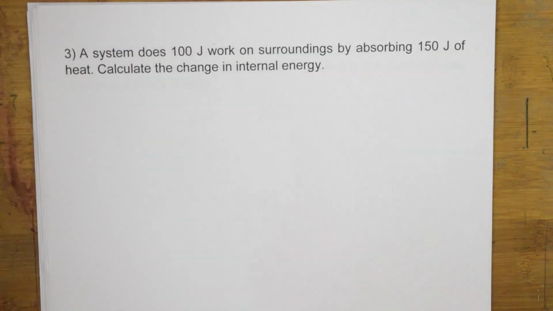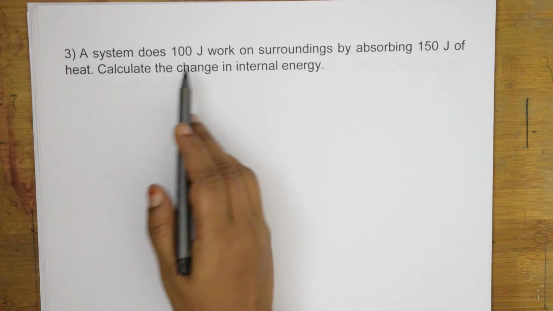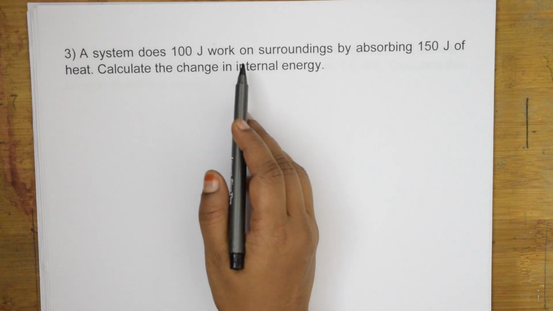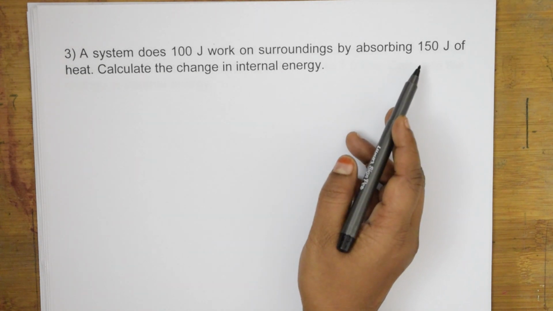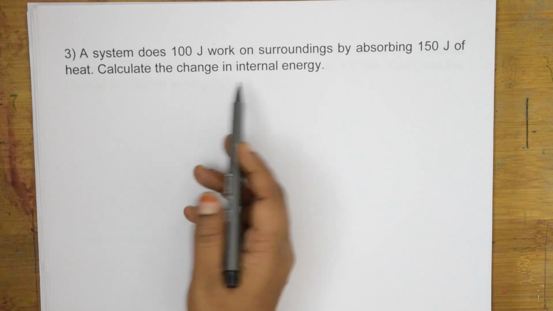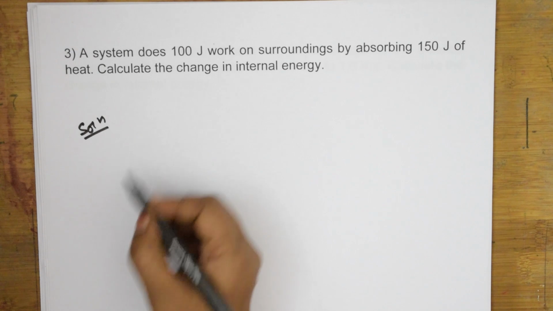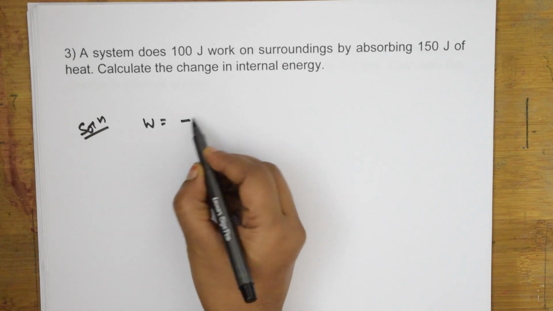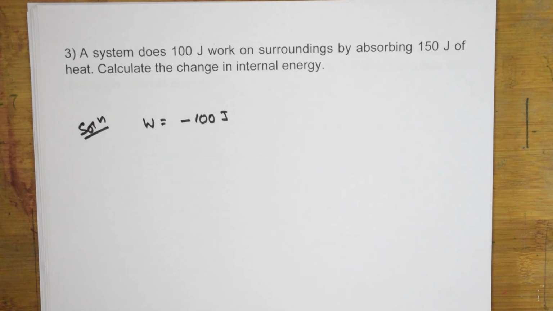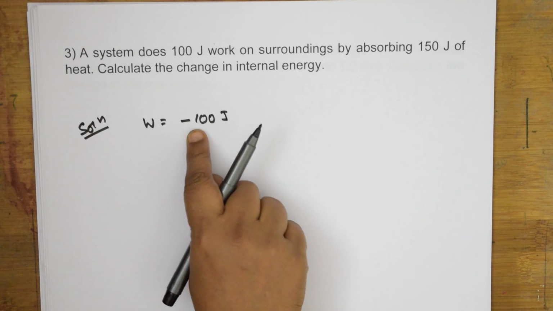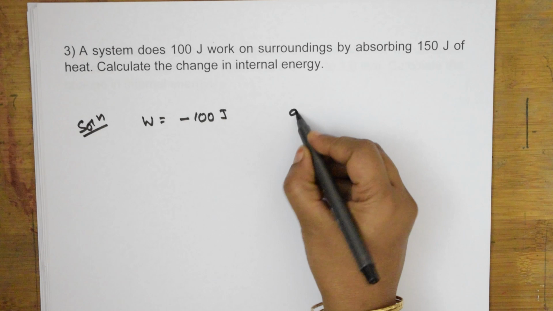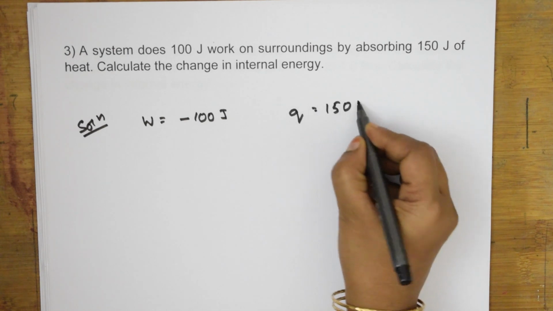Let's do the next numerical. A system does 100 joules work on surroundings, and by absorbing 150 joules of heat, calculate the change in internal energy. Again, they are asking us to find the change in internal energy. W is equal to minus 100 joules, because when the system does work on the surroundings, it is always negative. Q is nothing but 150 joules.